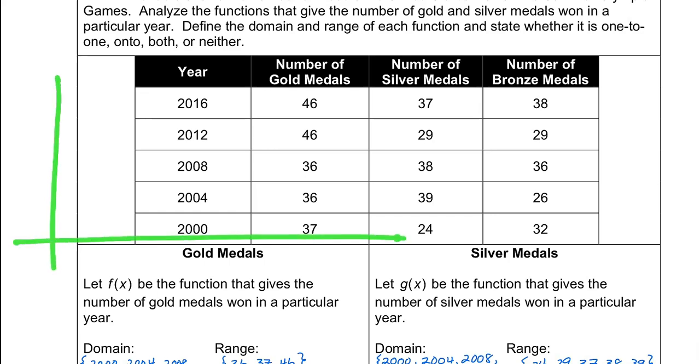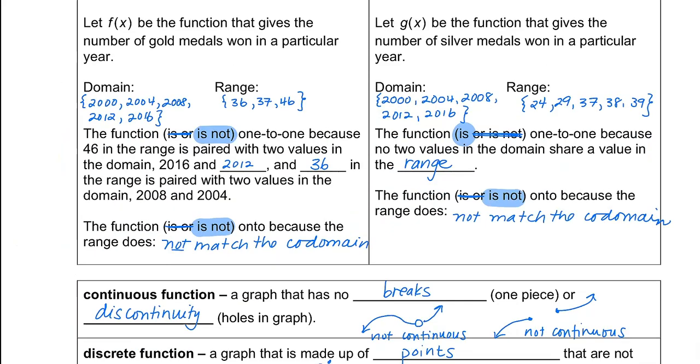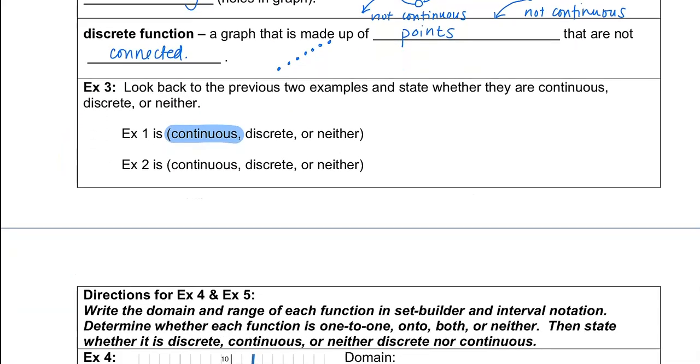If I graph it, it's going to look something like this, where these are the years, like 2000, 2004, and then this is going to be the number of medals. I'm not trying to graph it perfectly, but isn't it kind of go up and down? Is it connected? No, it's just going to be points, right? So it's not continuous. It's made up of points, and so the second graph is discrete.